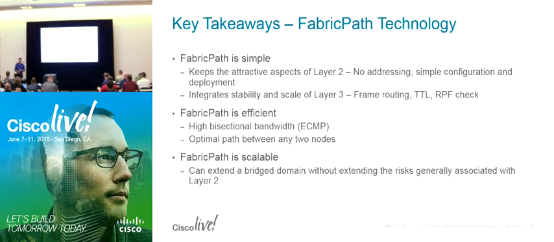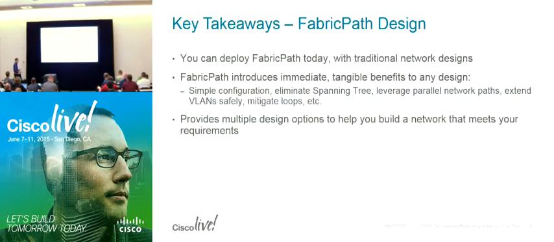So from the design perspective, we saw 3 main designs: centralized routing, routing at aggregation, and multi-pod. There's an application for each. We have a wide variety of customers, from small, medium, and large enterprises, deploying a lot of these designs today, with the respective best practices. And one of the biggest things for them is the removal of spanning tree and providing an any VLAN anywhere type of environment. So you have multiple design options there.